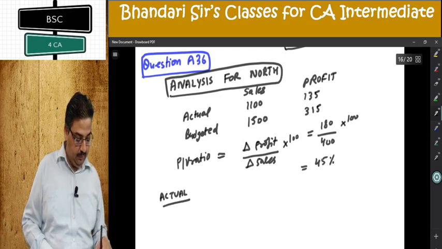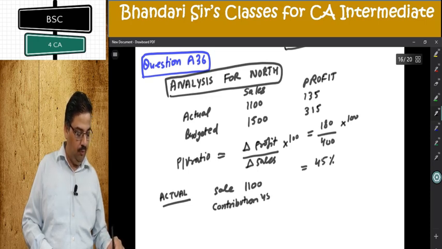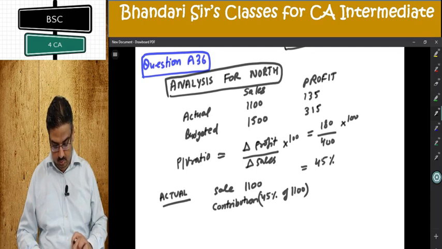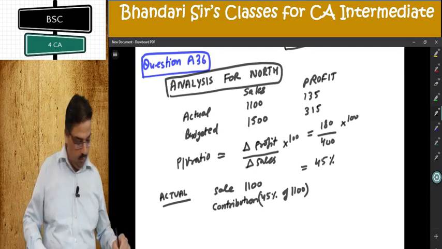Actual sale 1100, contribution is 45% of 1100, which is 495.